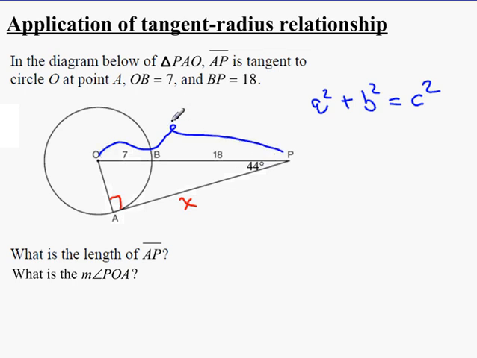You need two sides to be able to use the Pythagorean theorem. PO is 25, right? Now, why did I say it feels like I only have one side? Because we know what OA is. OA is also a radius, and we know that the radius is 7, so OA must also be 7.